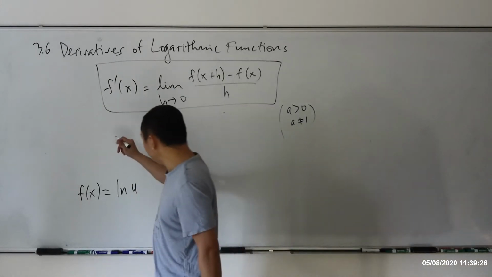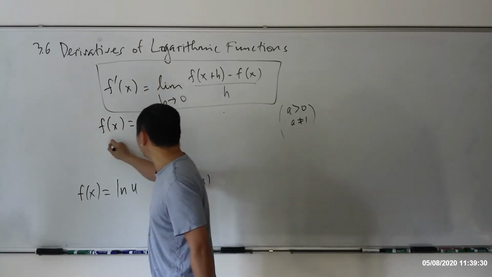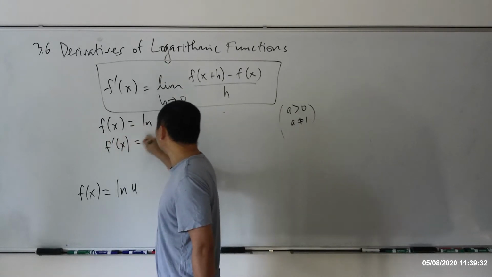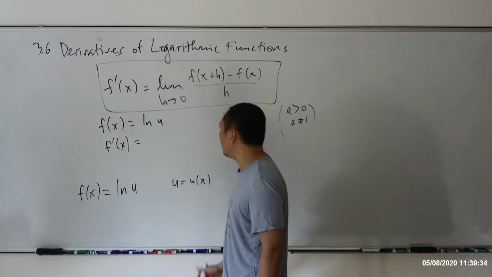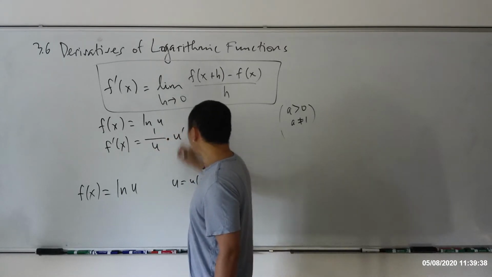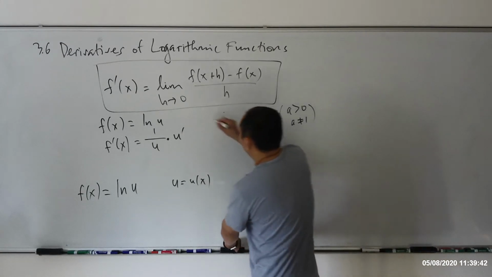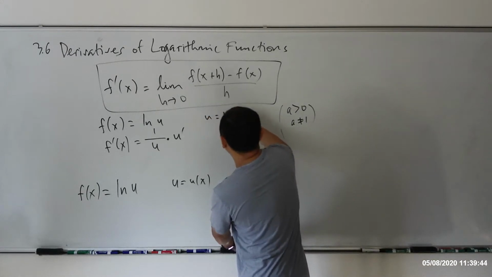So f of x equals ln of u, then f prime of x, we have to use the chain rule because u is not a variable anymore. It's going to be 1 over u times u prime, where u is a function of x.